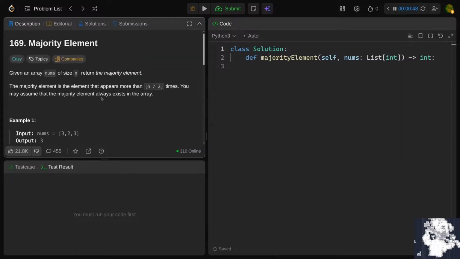So what you can do if you don't have the space requirement is you just count. You count everything, and then whatever had the highest count, you return that. With the space requirement, we'll have to be a little more creative.